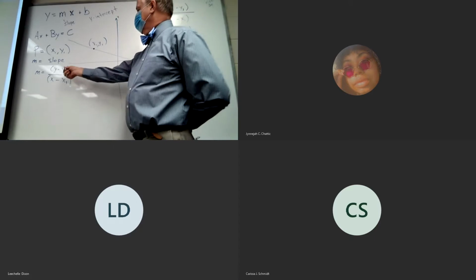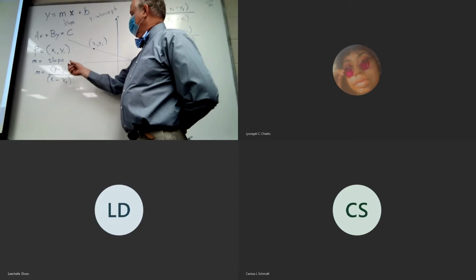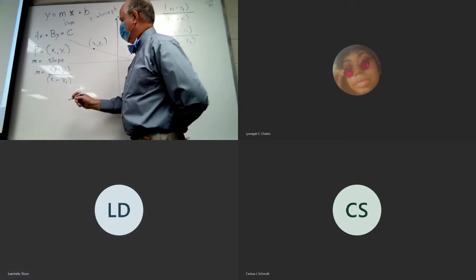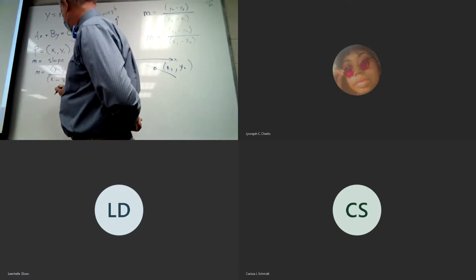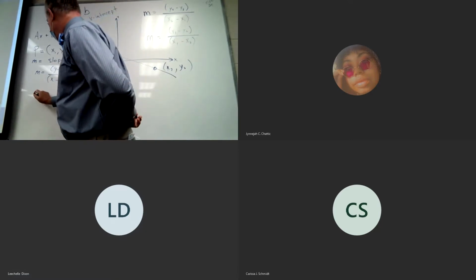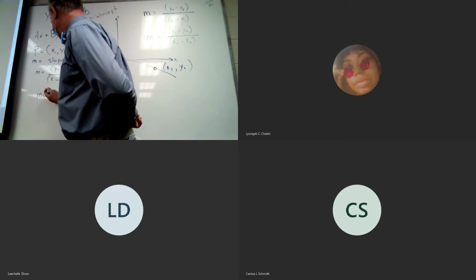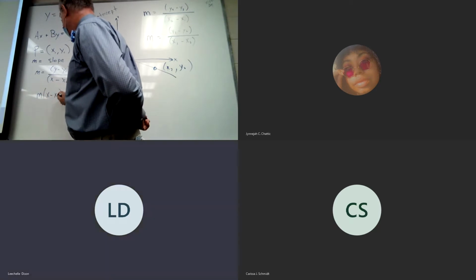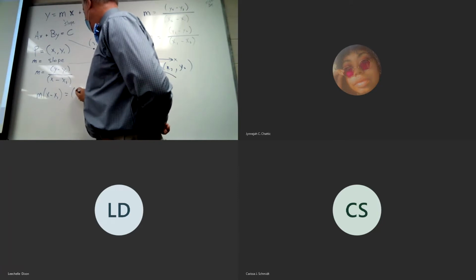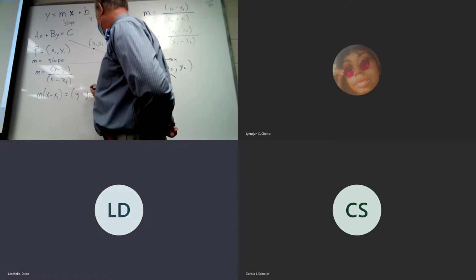And I know I go through the point x1, y1. Another way to write that is multiplying by x minus x1 on both sides. I can say m times x minus x1 equals y minus y1, given some point x1, y1.